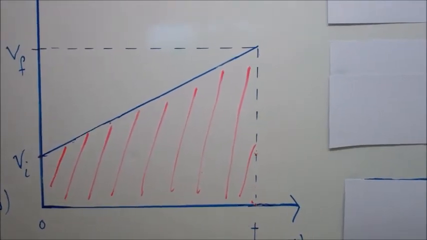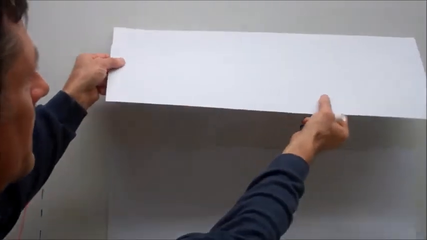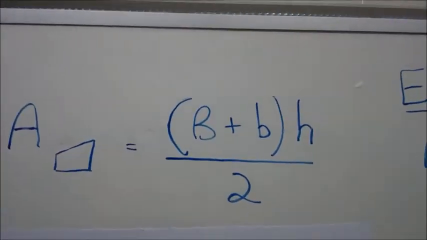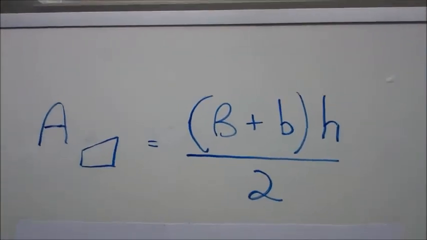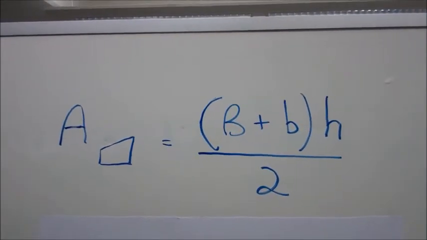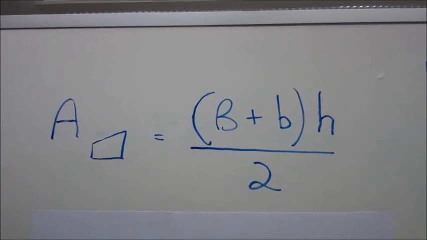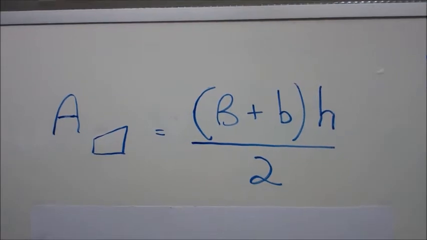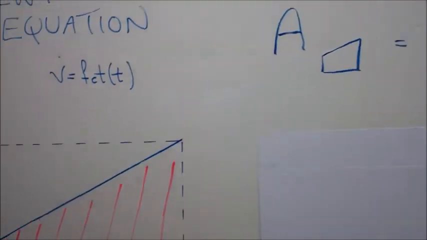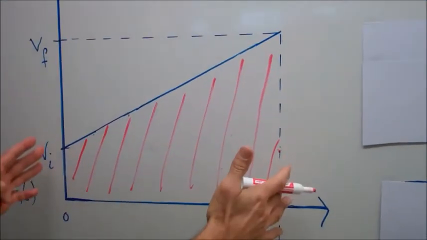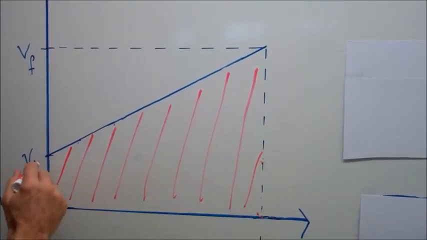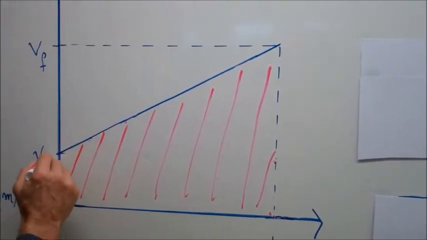So therefore, if we look at the formula for a trapezoid, we have area equals big base plus small base times height divided by 2. Now, if we look at the graph, we have a trapezoid lying on its side. So the small base would correspond to the initial speed.